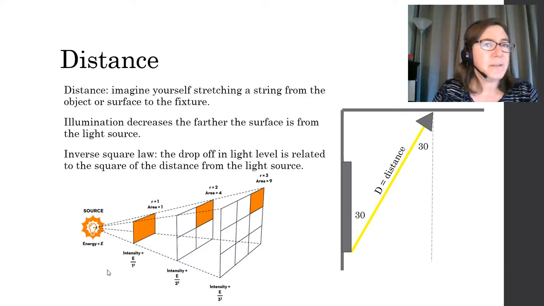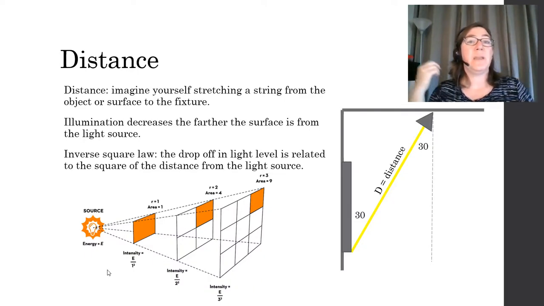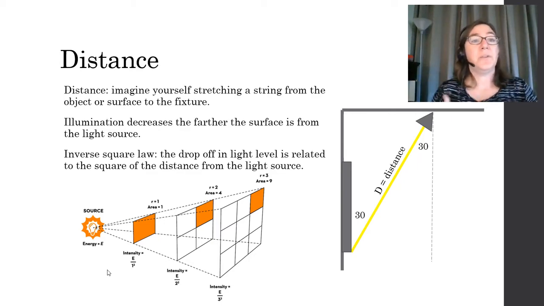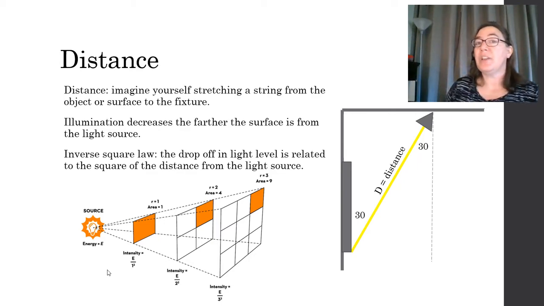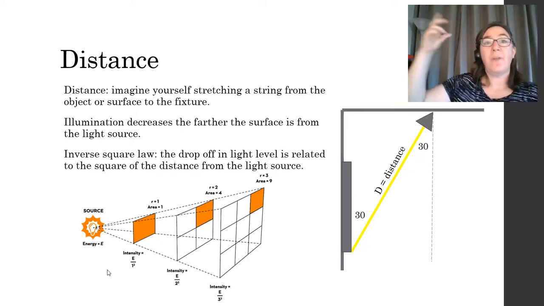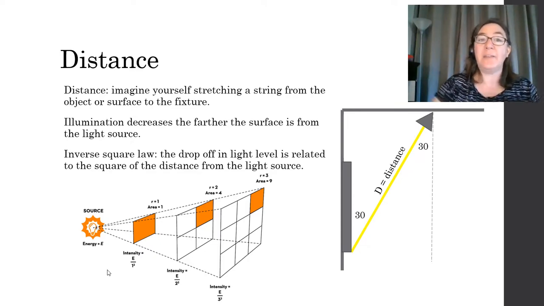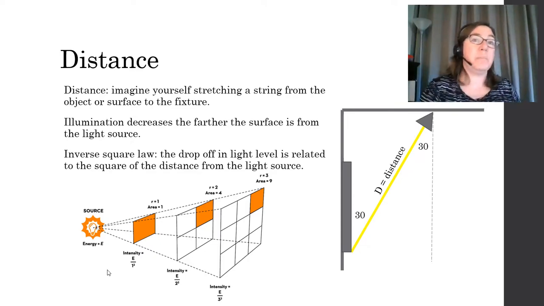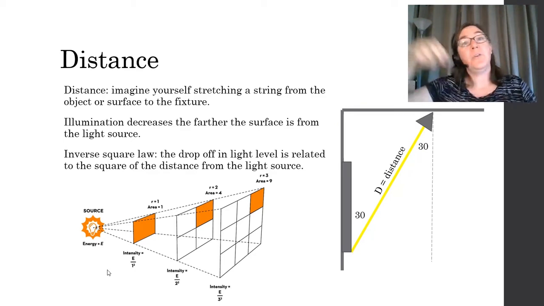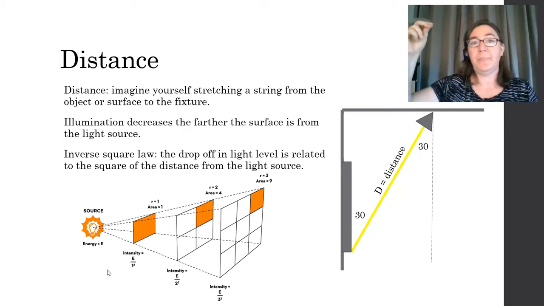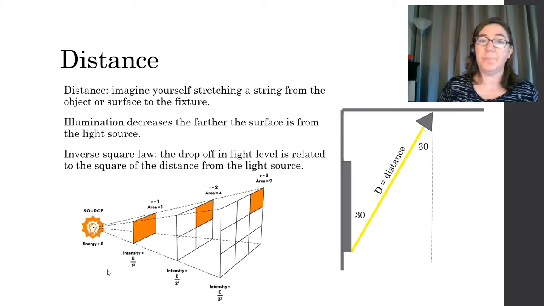What is that distance? Well, it's the distance between the light source and the focal area. So you're going to imagine yourself stretching a string, perhaps, from the object that you're trying to light, or maybe the surface, the piece of artwork, to the fixture itself, and that would be your distance.